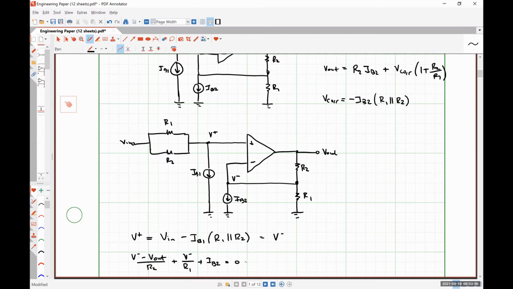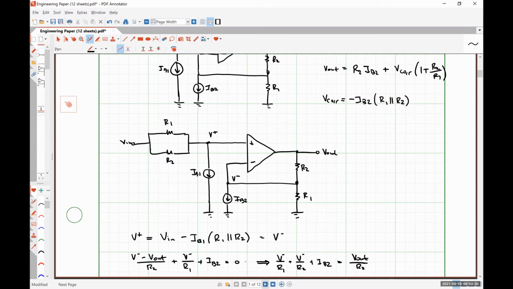set this equal to 0, and with a little bit of algebra, we have V minus over R1 plus V minus over R2 plus IB2 is equal to V out over R2.